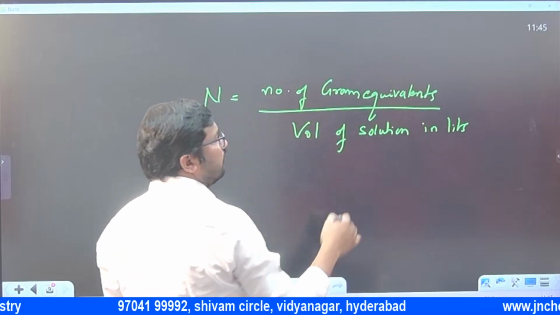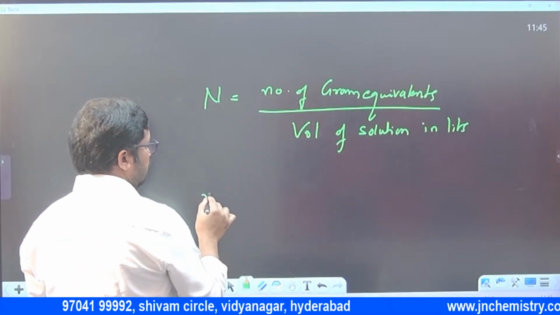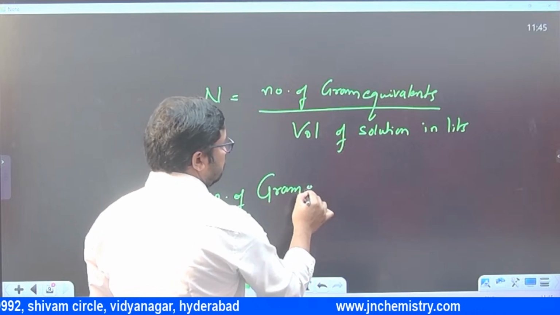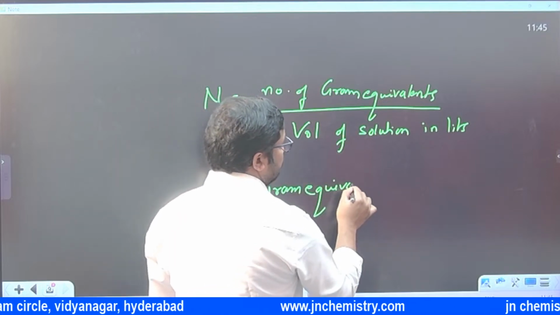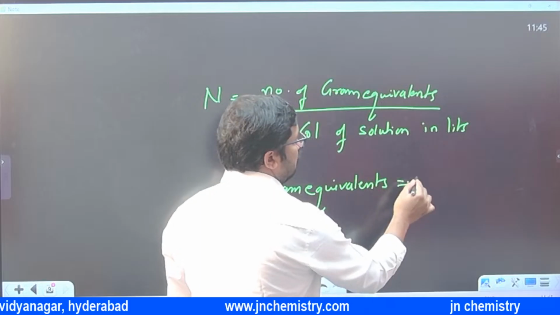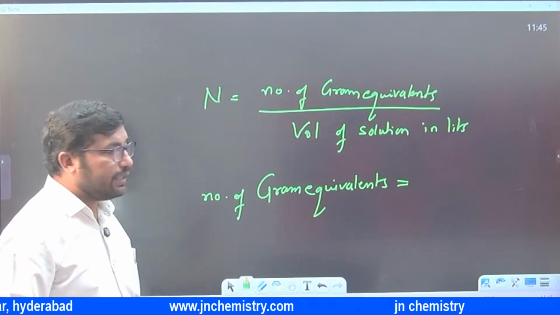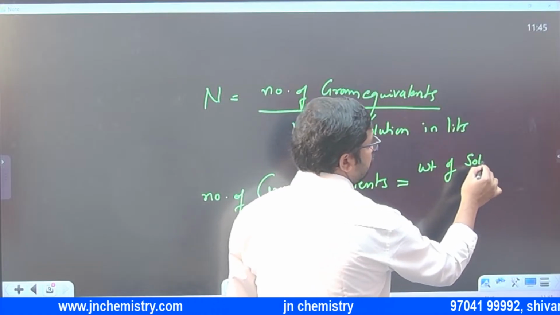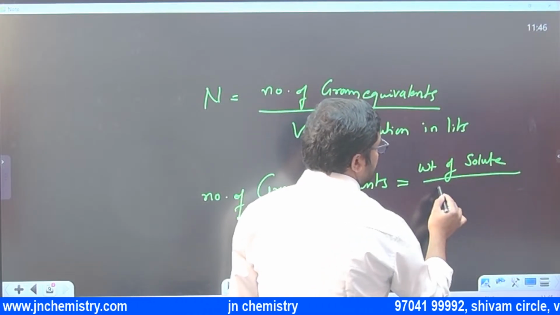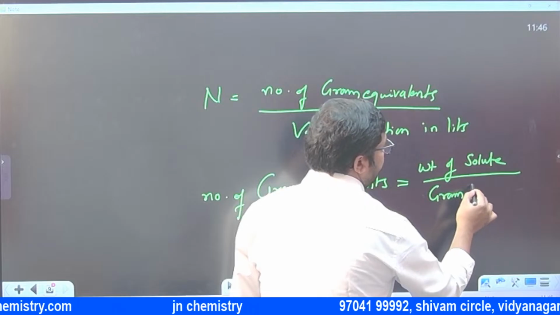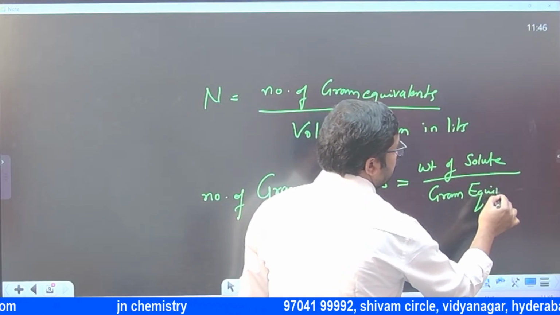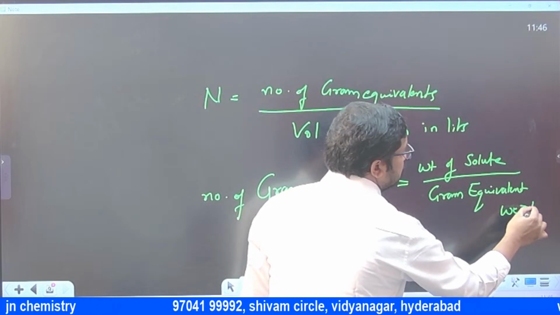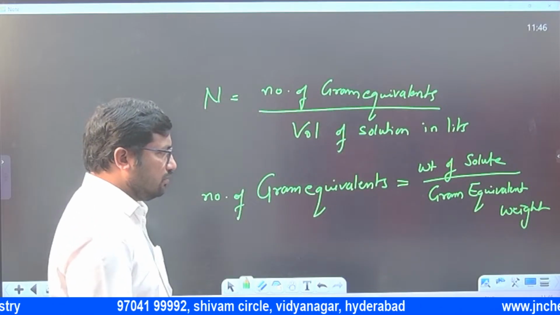So number of gram equivalents means what? Number of gram equivalents is equal to weight of solute by gram equivalent weight, GEW, you could say.